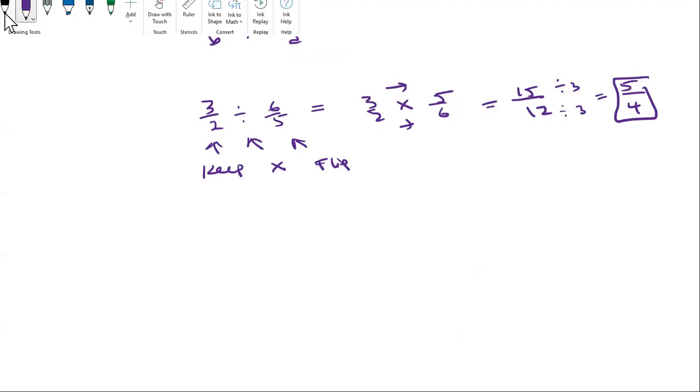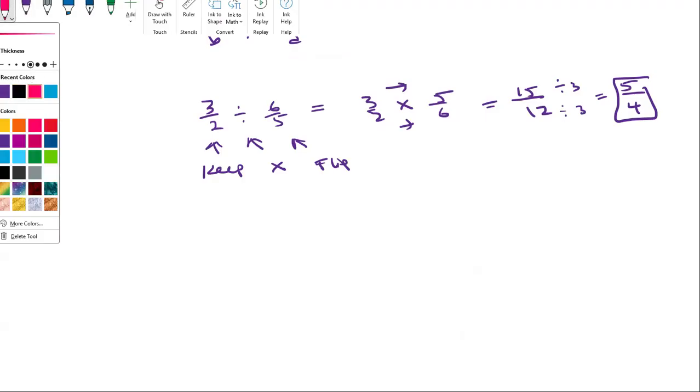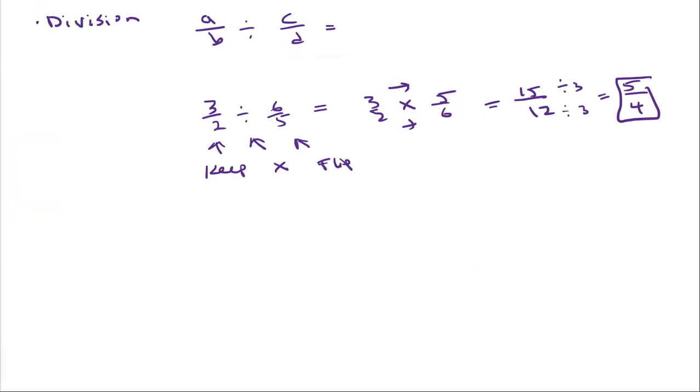So in this case, I have A over B divided by C over D. So that means I'm going to keep the A over B. And then the division sign, I'm going to change it to a multiplication. And then I'm going to flip the C over D to become D over C. Okay. And then when I multiply fractions, again, I go directly across. So A times D is AD and B times C is BC.